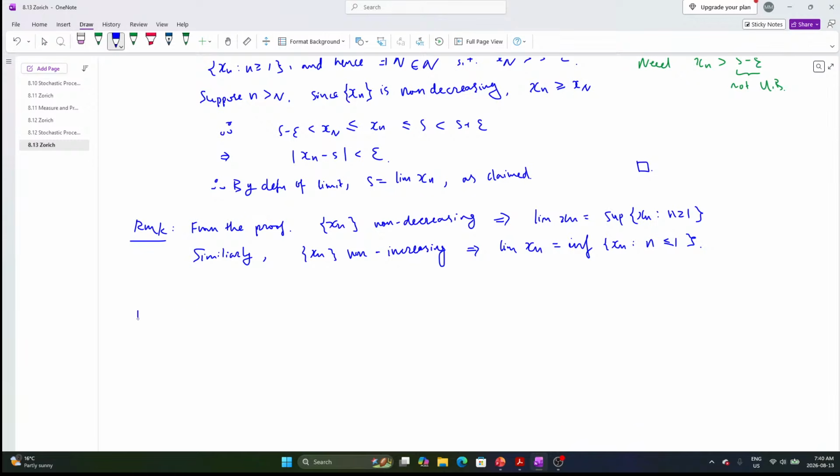So this is example 11. It says the limit of n over q to the n as n tends to infinity is 0, if q is greater than 1. Let's see how it's done.